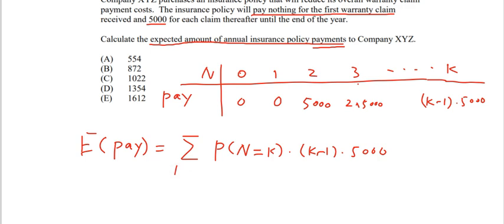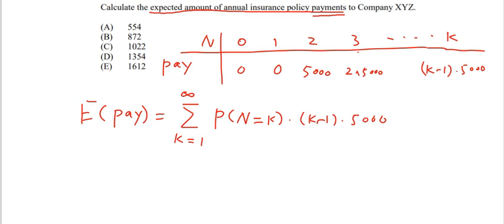K starts from 1 to infinity, or it can be 2 to infinity, same. So we just put K equal 1 to infinity. There's a constant 5,000, we can take it out.